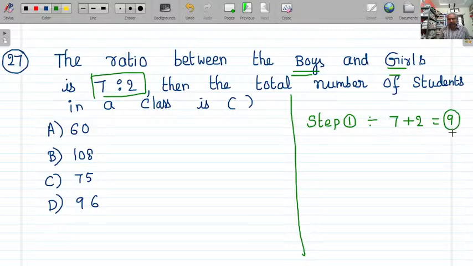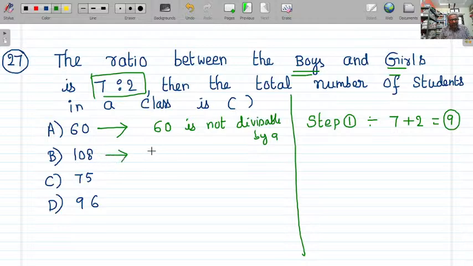So the total 9 parts must divide 60 or 108 or 75 or 96. 60 is not divisible by 9, because 6 plus 0 is 6, the digital sum is 6, and 6 is not divisible by 9.